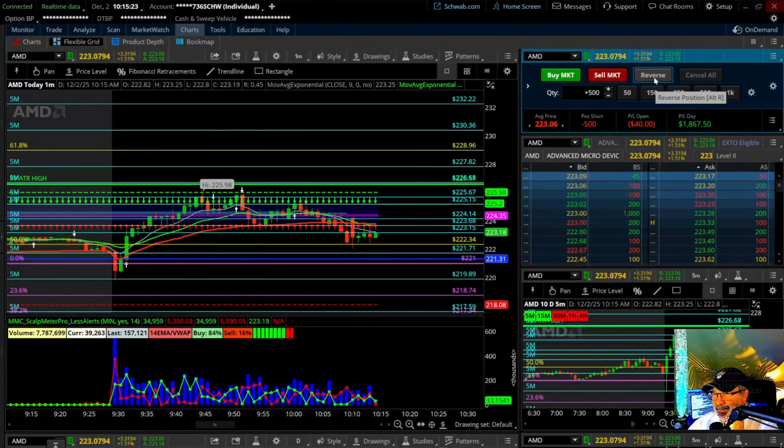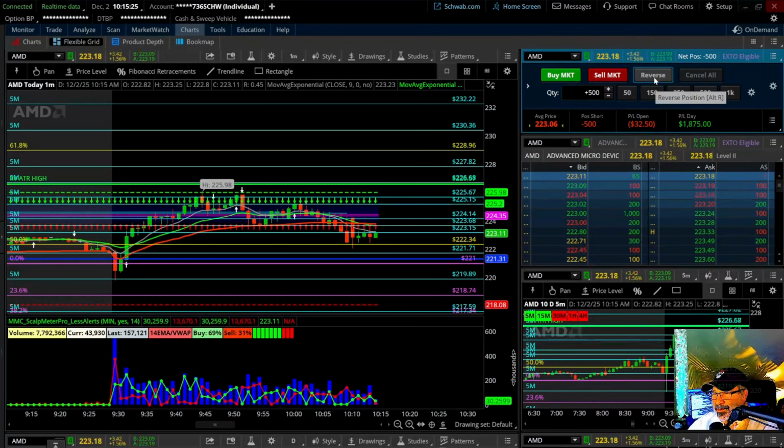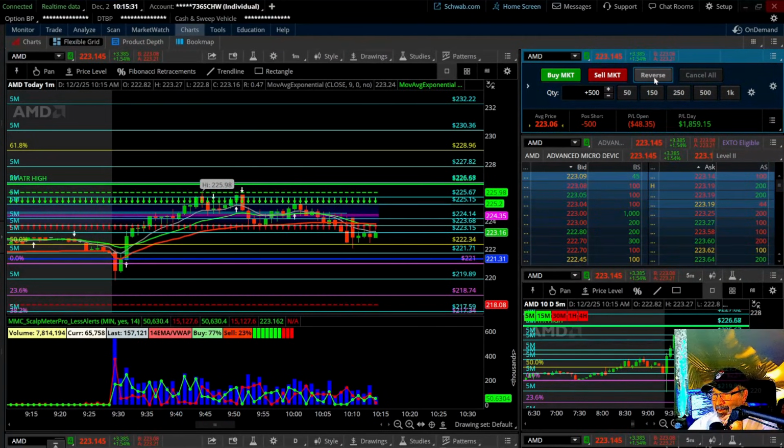Missed it the first time. So 22.30 area, $1 down from here. Now it's actually hurting me going up beyond it. See, we don't want it to break that ceiling.